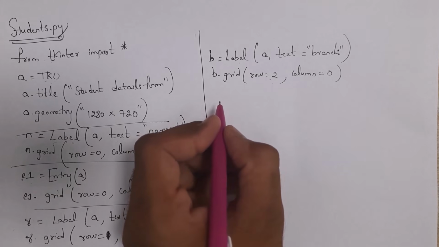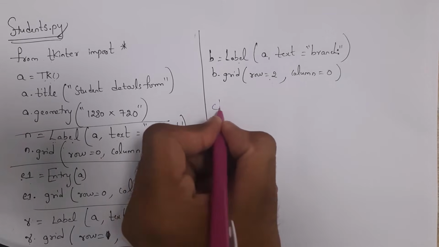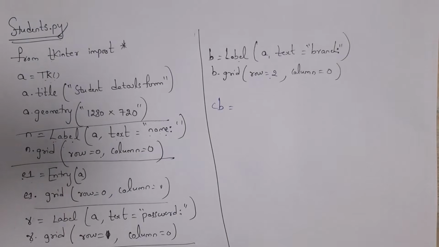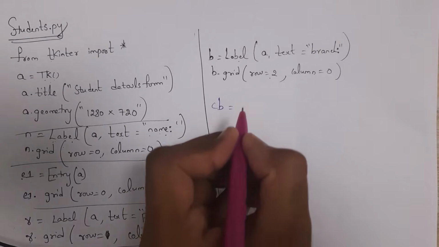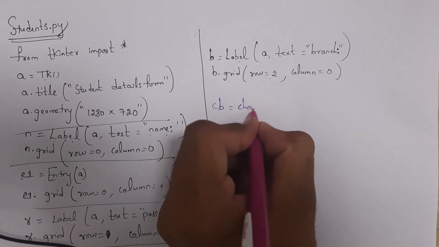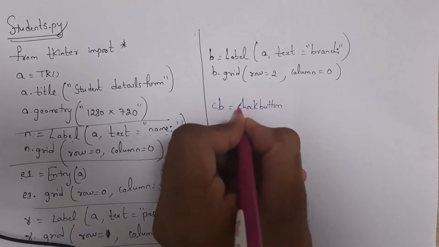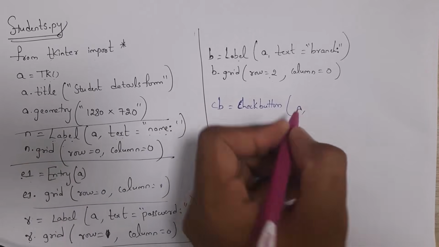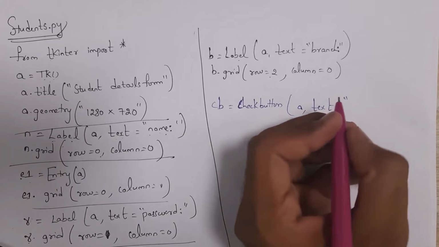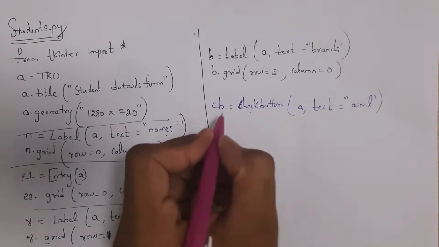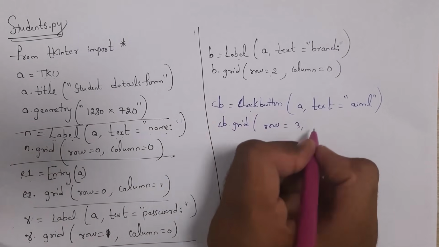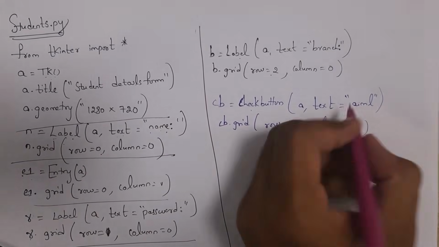Here I am creating a check button, so I am taking variable name as cb. cb equal to Checkbutton, where the starting C is a capital letter, in place of writing Label. Checkbutton(A, text="AIML"). Write here cb.grid(row=3, column=0), first column being column equal to 0.